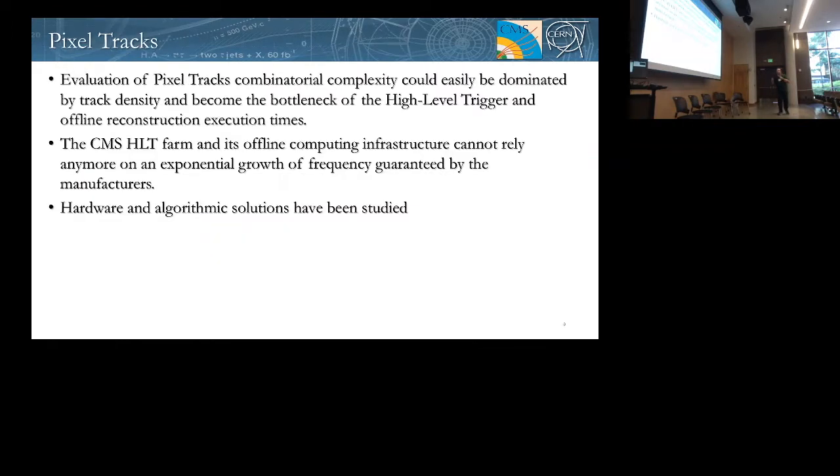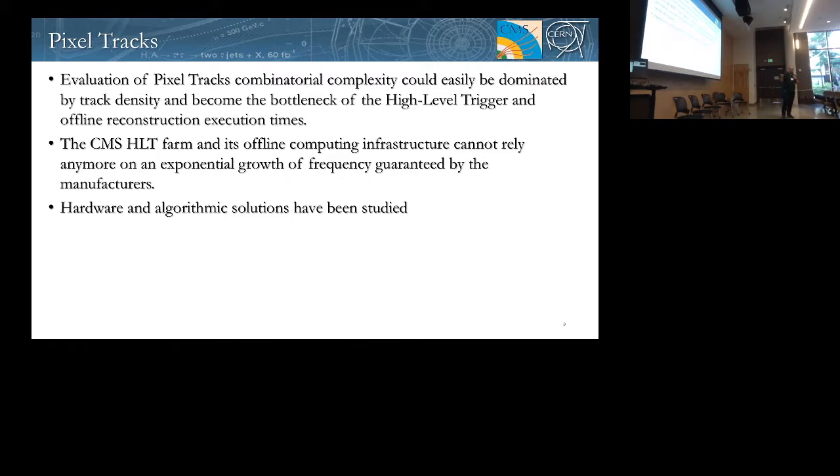Now, the problem is that evaluating pixel tracks is a combinatorial problem, and the timing of the HLT farm could have been dominated by tracking. So we cannot rely anymore on the exponential growth of computing power, which was guaranteed by manufacturers.